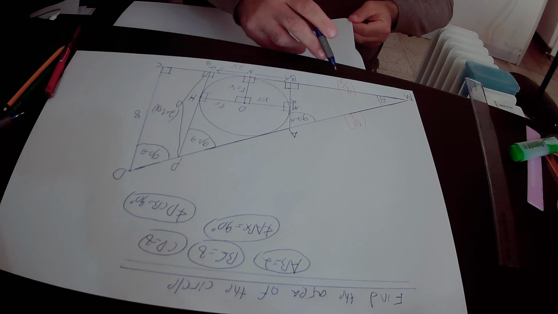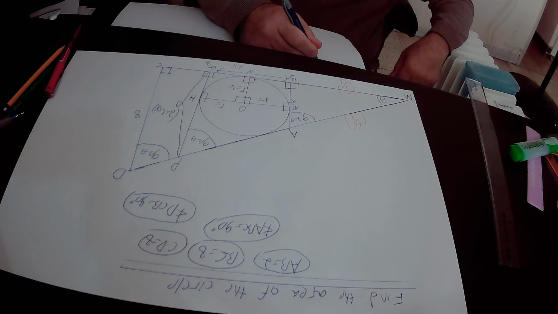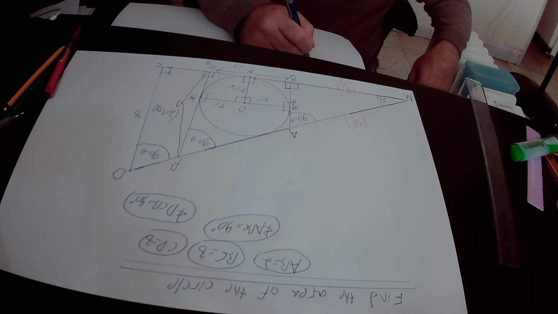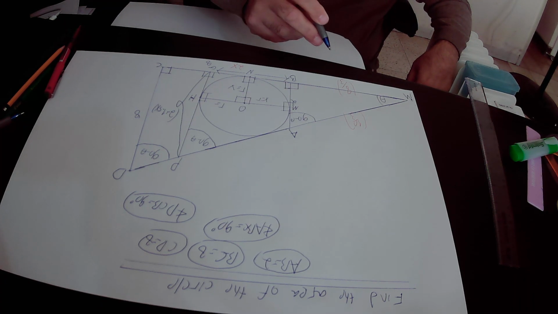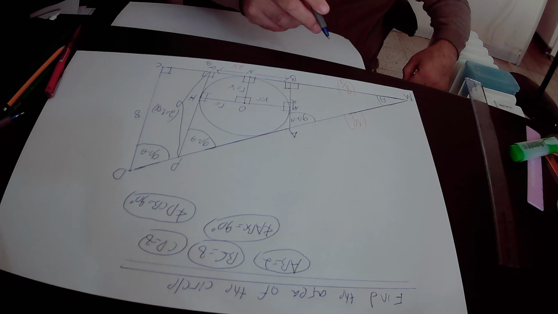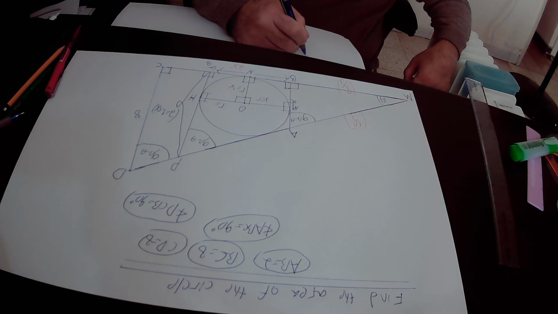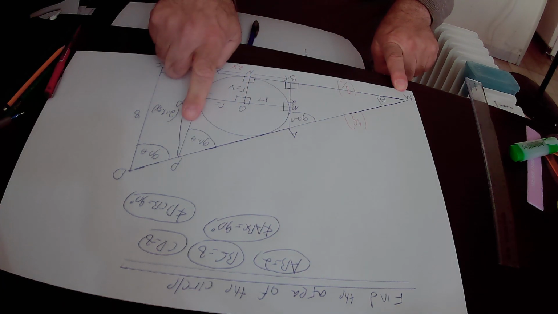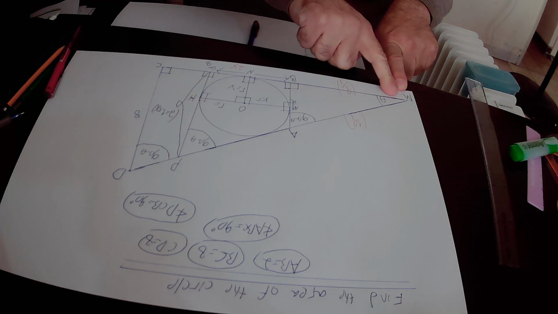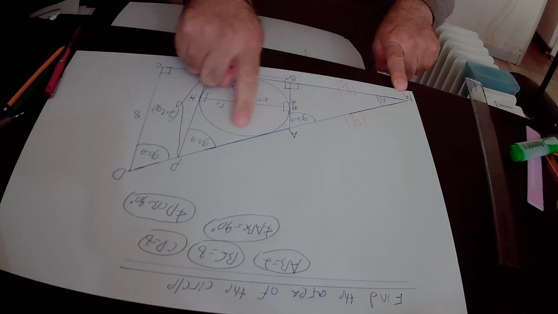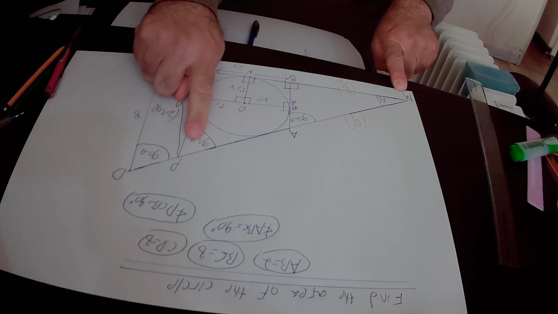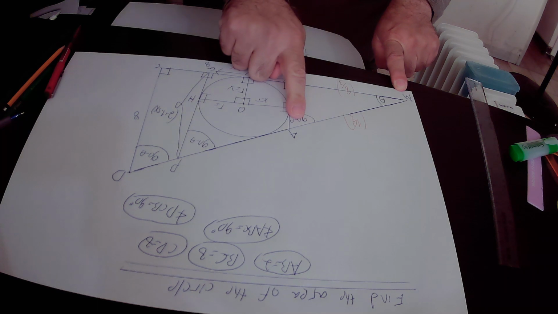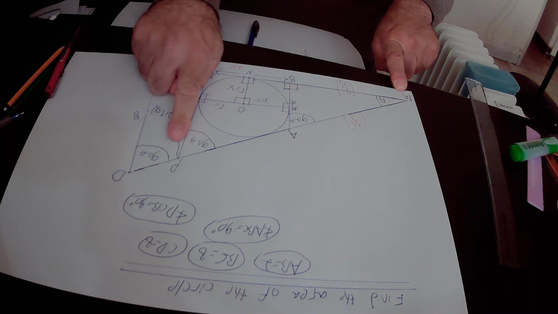MG is 8 over 3 plus 2x, over MB is 8 over 3, equals MP. MP equals MA plus AP. Again, MP equals MA plus AP.